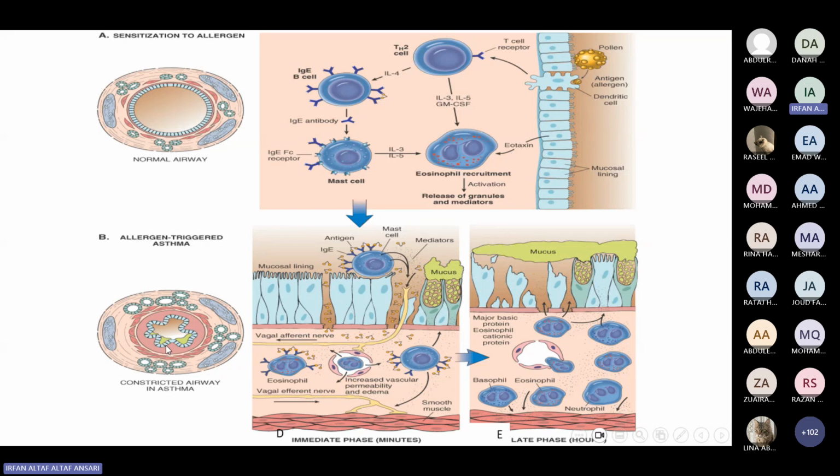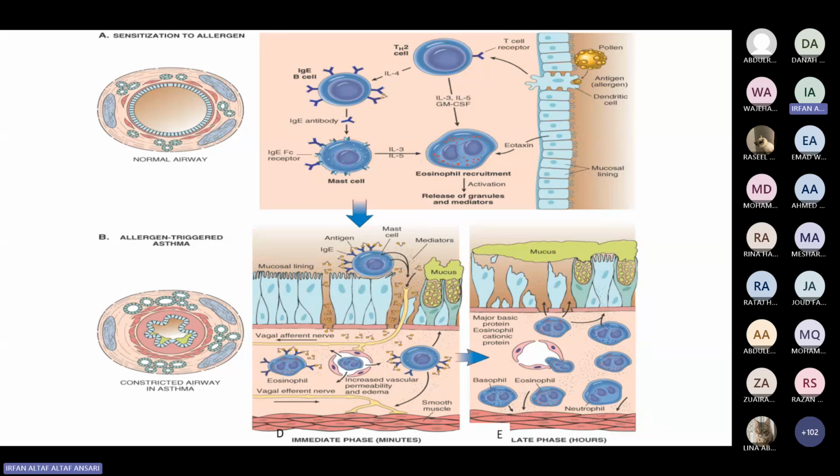And what happens in asthma? Whenever allergens get in, in response at the respiratory epithelium, there is activation of type 2 helper cells.